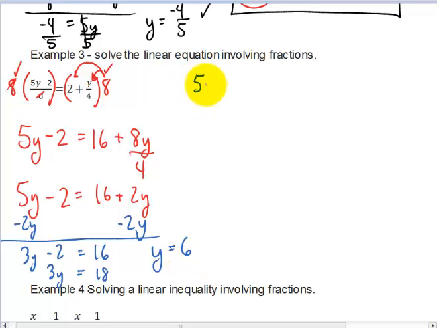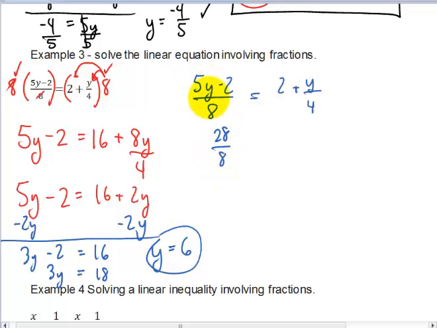So I had 5y minus 2 over 8 equals 2 plus y over 4. So it should work in this original equation. So if you plug 6 in, we should get the same value. So here, plugging 6 in, I'd have 28 over 8, because plugging 6 in gave me 30. And on this side I have 2 plus 6 over 4.